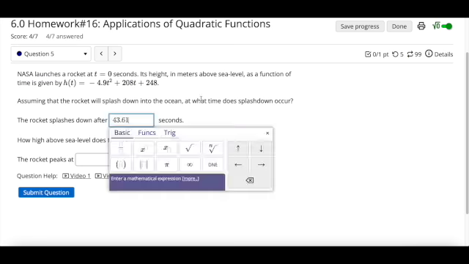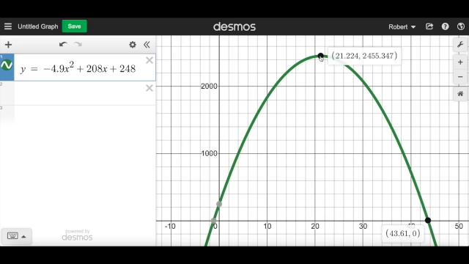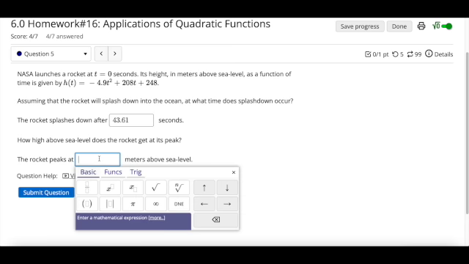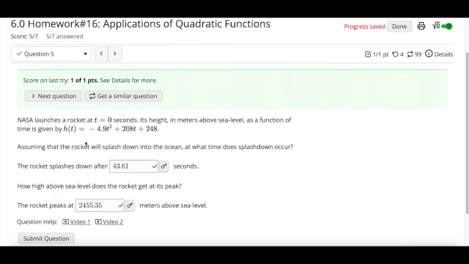What's the maximum height? It peaks at a certain height. The height is up there, and it's going to be 2,455.347. And I guess I could round that off to 0.35. So that's what I'm going to do here. And you're going to probably get that working correctly. Okay, so far so good. Number 6, we have 2 left.